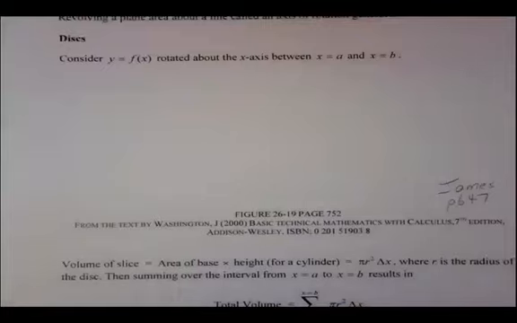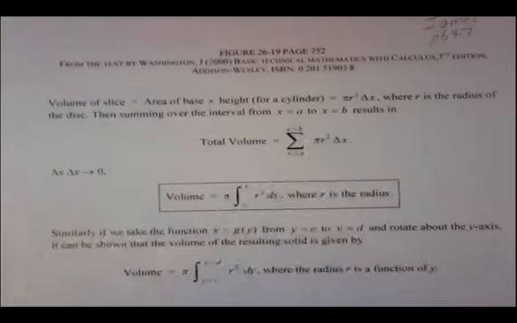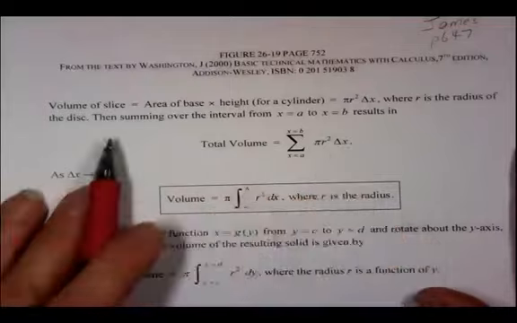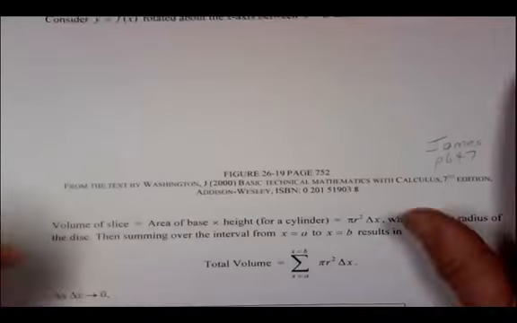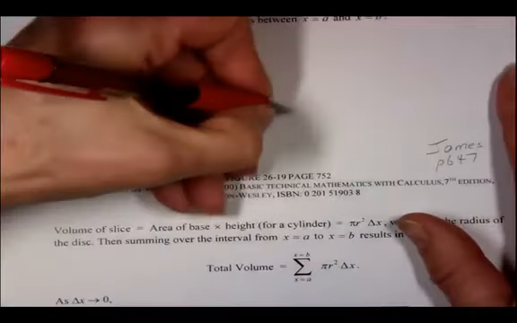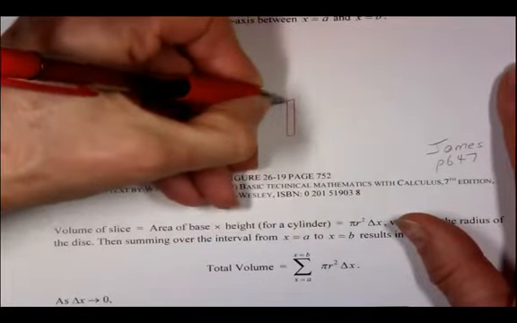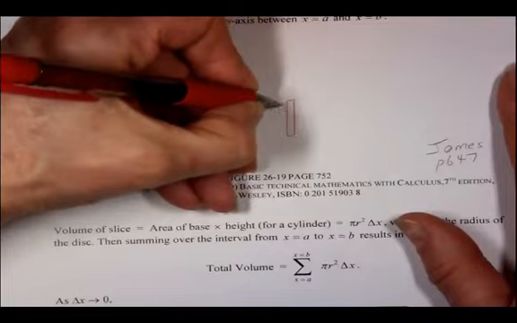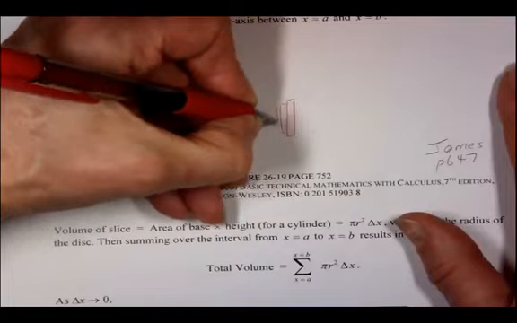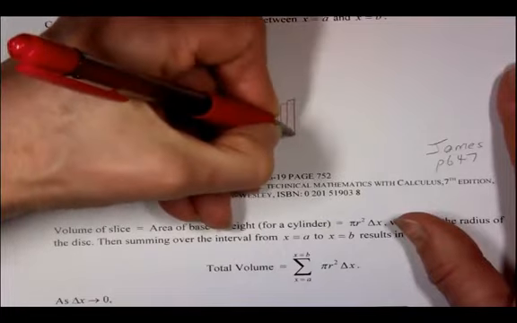So the total volume is the sum of pi r squared delta x. And that's because, let me try and draw it. Here's a really bad picture.